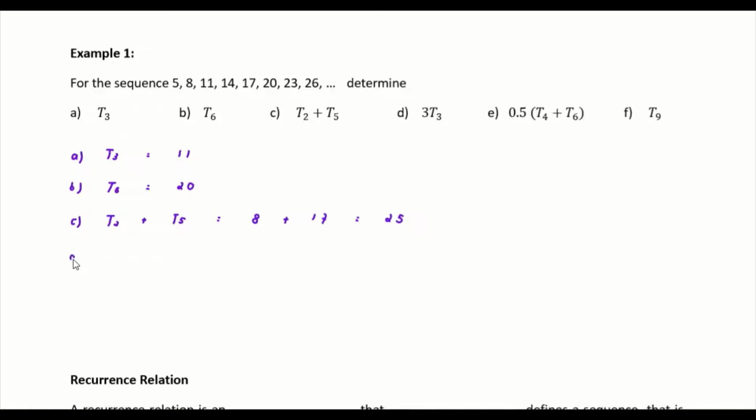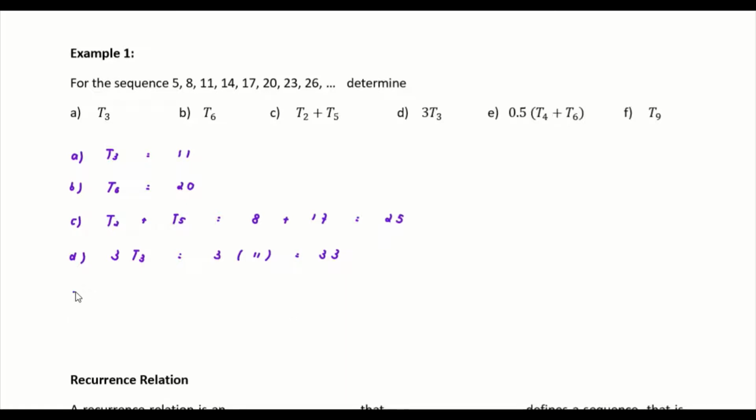Okay, so now let's move on to D. We have 3T3. Okay, 3T3 actually means 3 multiplied by the third term. So when you look at this, it will be 1, 2, 3. The third term is 11. So that means 3 times 11, and that gives us 33.